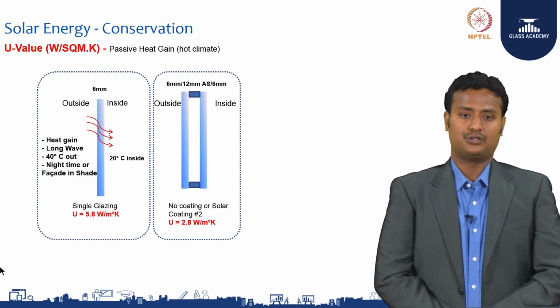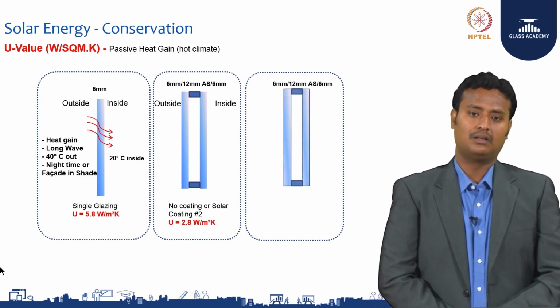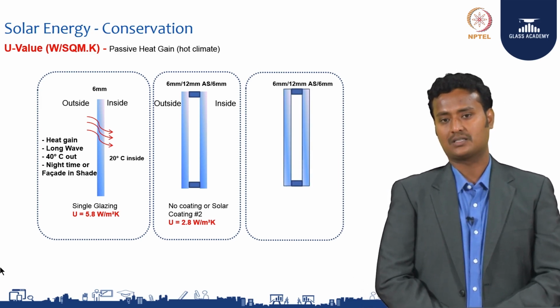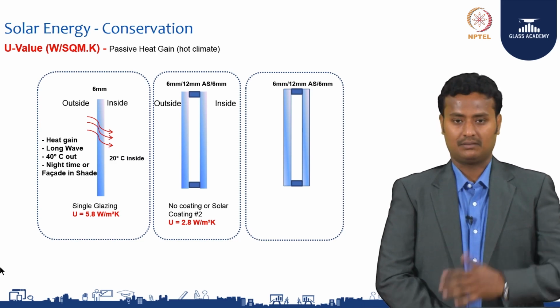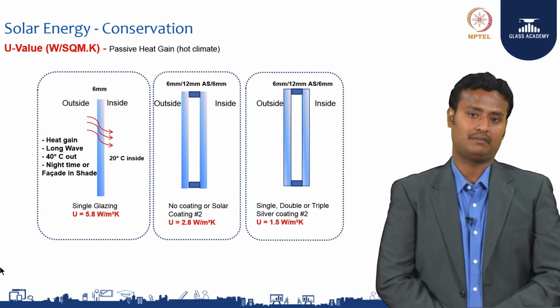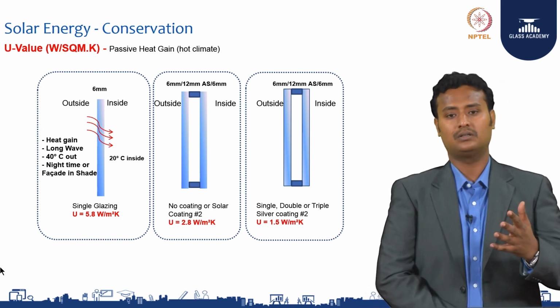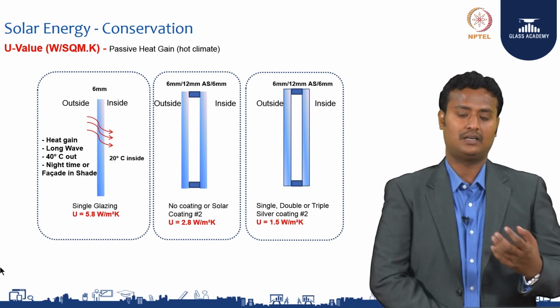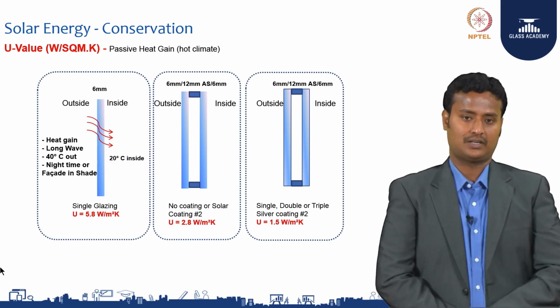If it is the same DGU with double or triple silver coated glass, basically a low-E glass, then you will have a U value of 1.5 watts per meter square Kelvin. You can get it. The lower the U value, the less heat is getting inside.